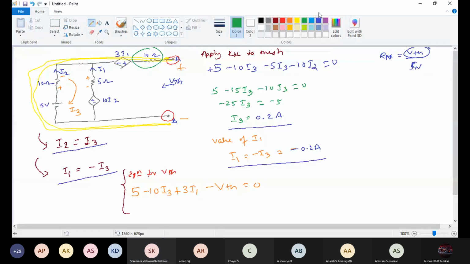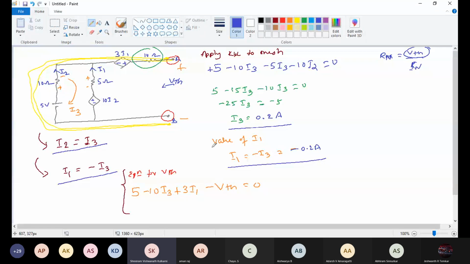We don't know what current is flowing, sir. Here the open circuit is there. There is no current flowing through the 10 ohm.